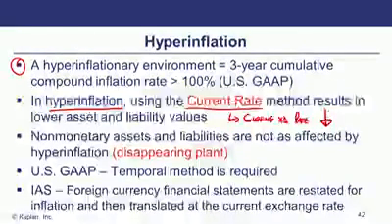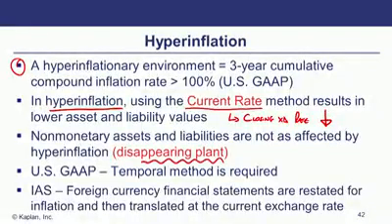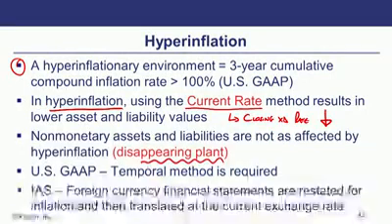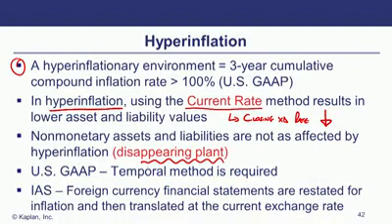Now this gives us an issue when we look at our non-monetary assets and liabilities. Because in reality, non-monetary assets and liabilities are not really affected by inflation. Take some PP&E, property, plant and equipment, in an overseas subsidiary. And we're using the all current rate method.